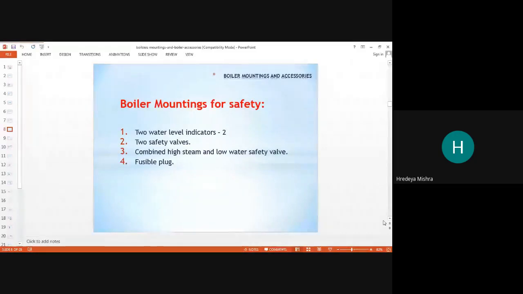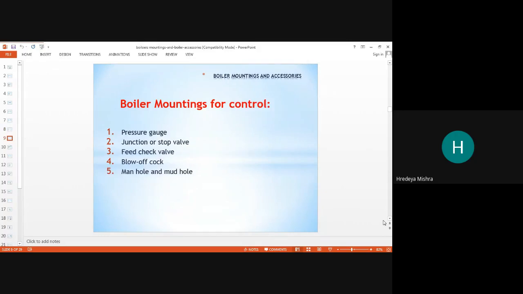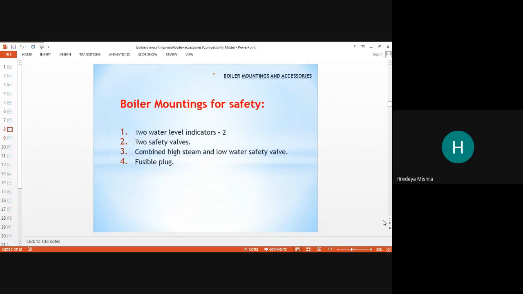Two, safety valve. Then there are the combined high steam and low water safety valve, and the fusible plug. We can discuss these in detail; let's just note their names only.